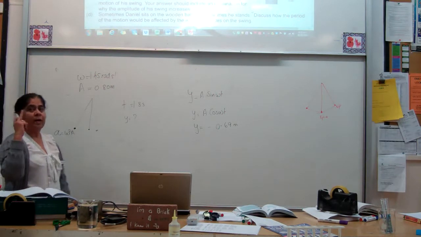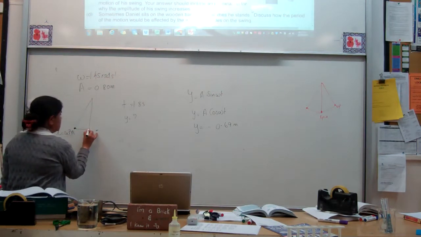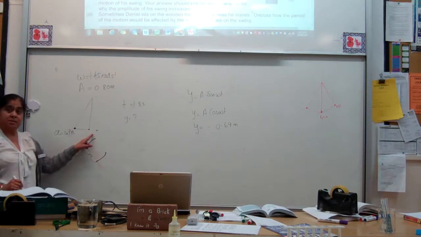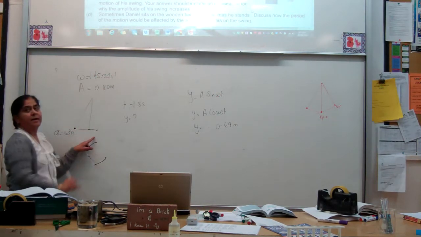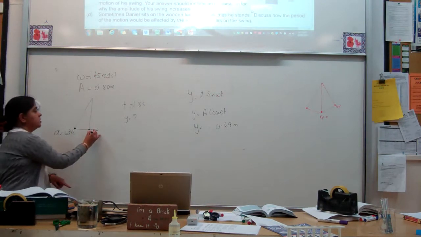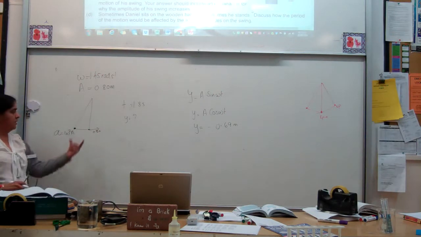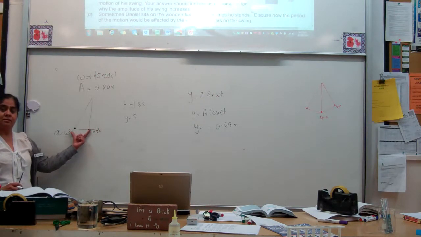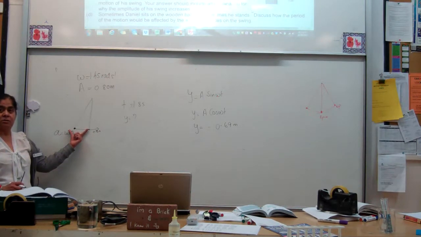Because you're getting your answer in negative, it has covered this distance, and if you're counting that distance as positive, it has gone further than that, and that distance is negative. 0.69 is just what you have calculated, but this one is still missing. So you need to add this remaining distance with it.